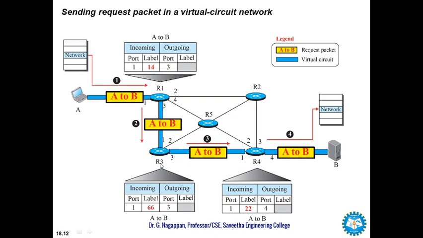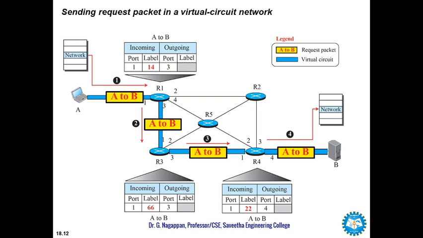Router 3 receives the packet, which is a setup request packet, and the same event happens in router 3 similar to R1. It takes up that incoming label 66 and fills it, leaves the 4th column empty, and sends it to R4.